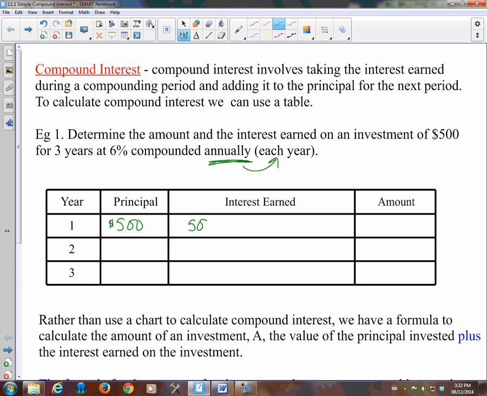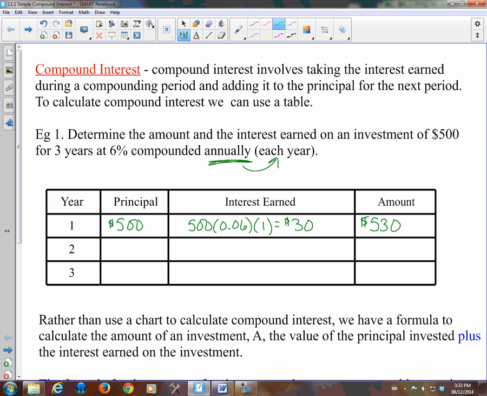So I have $500 times 0.06 for 1 year, which means I have how much interest? Let me get my calculator going. 500 times 0.06, which means I have $30 in interest. So the amount of money I now have is the $500 I started with plus the $30 in interest. So I have $530.